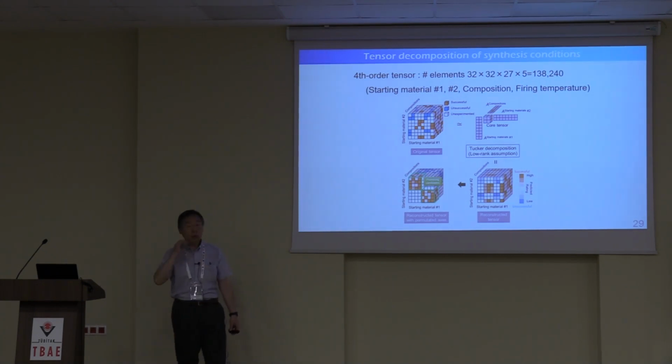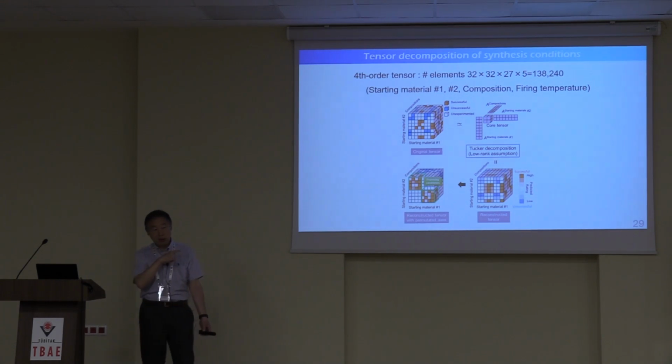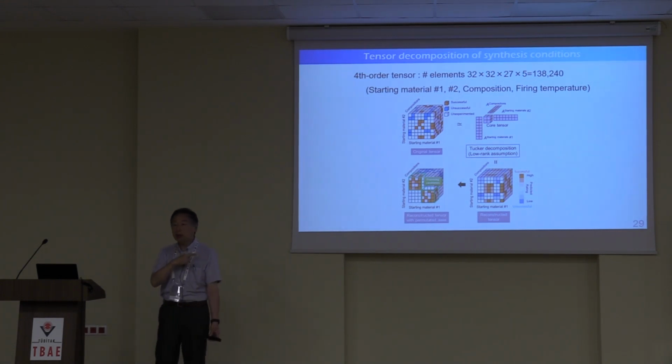And I don't know which technique provides a better result. But in this case, we used tensor recommendation without any particular reason. We didn't do the binary classification because this tensor decomposition technique outperformed binary classification quite nicely.